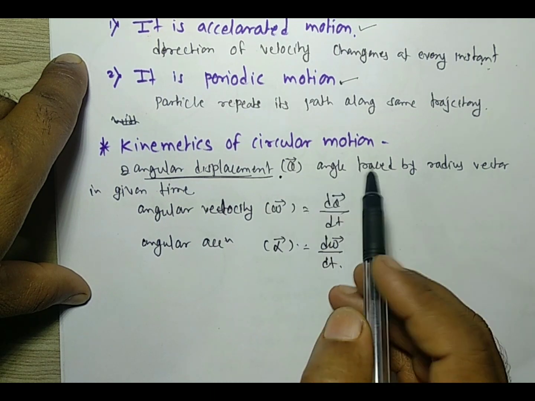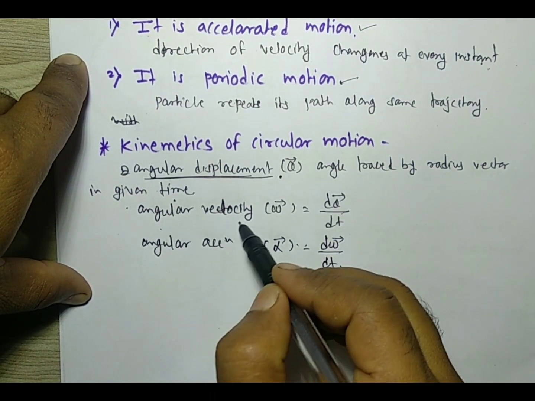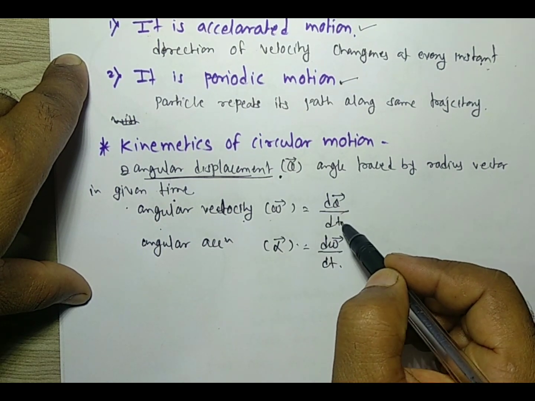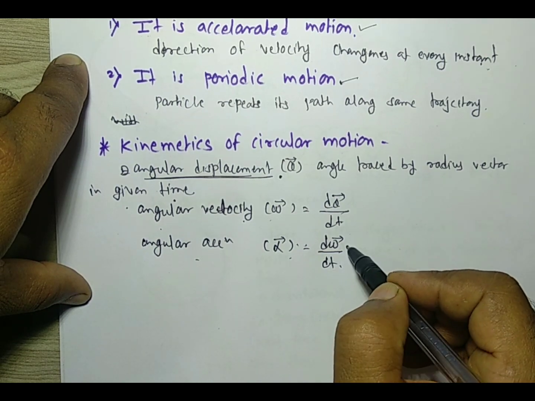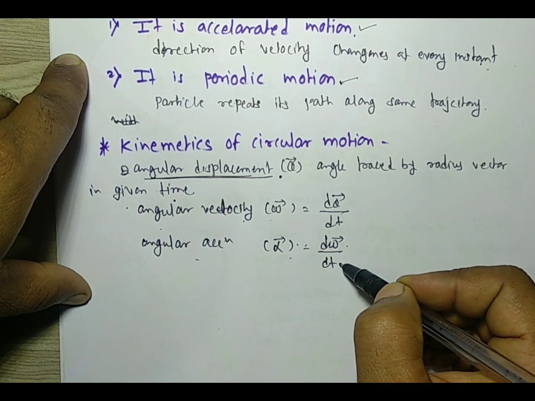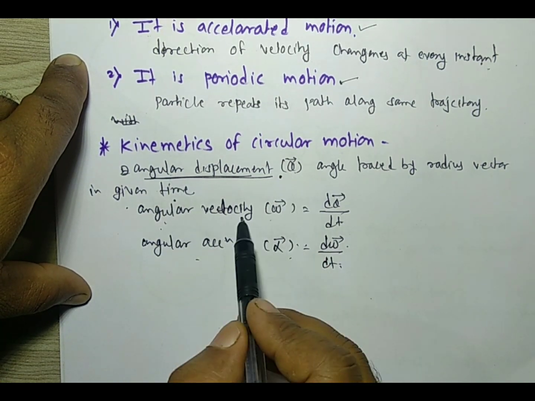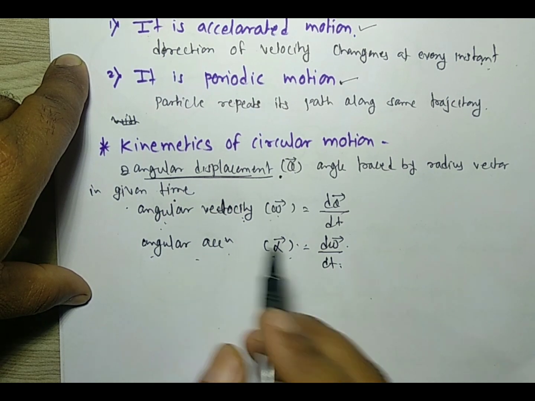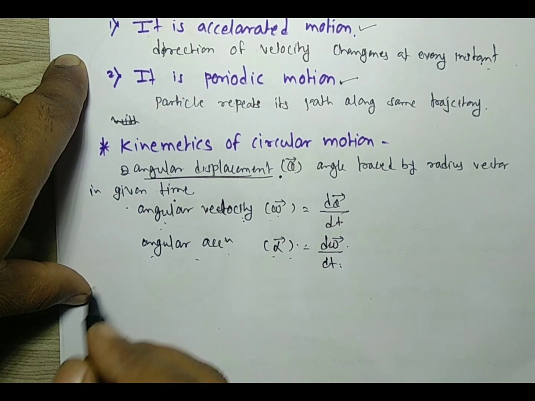Angular displacement theta bar is nothing but the angle traced by the radius vector in a given time. Angular velocity is the rate of change of angular displacement with respect to time, and angular acceleration is the rate of change of angular velocity with respect to time. It is given by angular displacement theta, angular velocity omega, angular acceleration alpha, which are analogous to linear quantities.